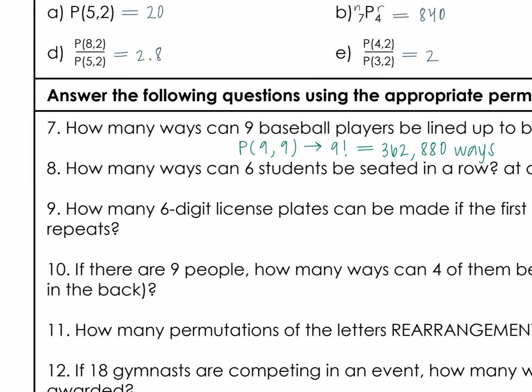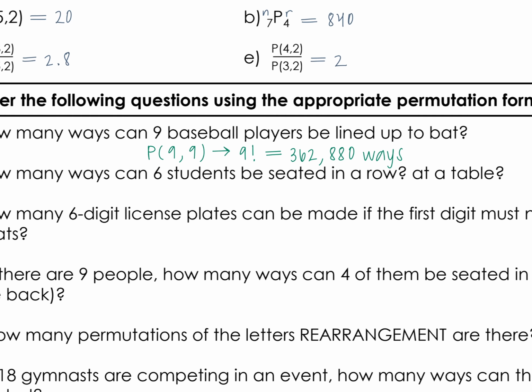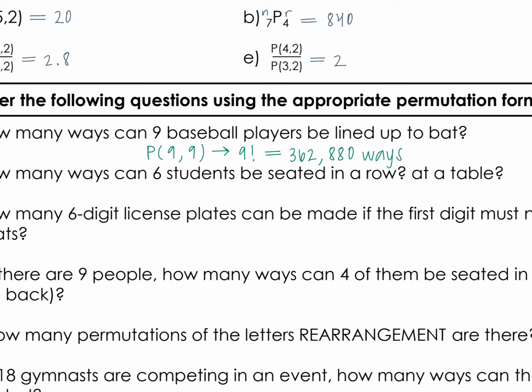Okay. Number 8, we have how many ways can 6 students be seated in a row? So because we're being seated in a row, this would just be that 6 factorial, or you've got your 6, 6 for your N and your R, which is going to give you 720.